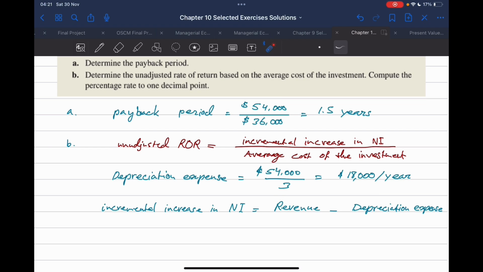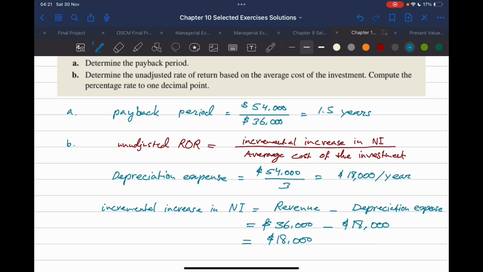So the difference between those two is going to give us our incremental increase in net income, right? So $36,000 is the increase in the revenue generated by this investment, and $18,000 is the cost that is going to be deducted from our net income calculation each year. And 36,000 minus 18,000, that is 18,000. So that is going to be our incremental increase in net income.